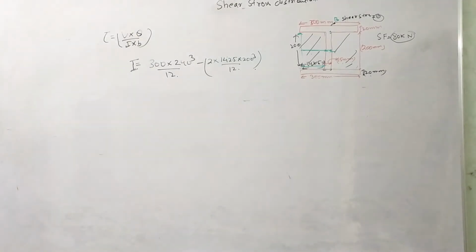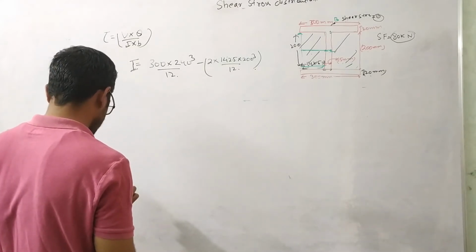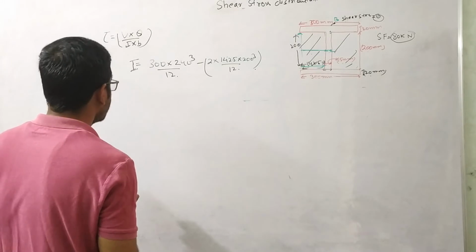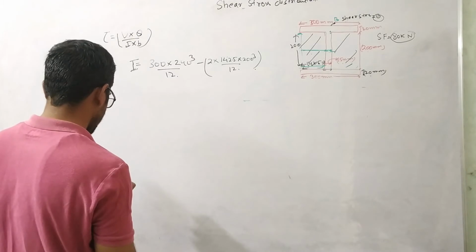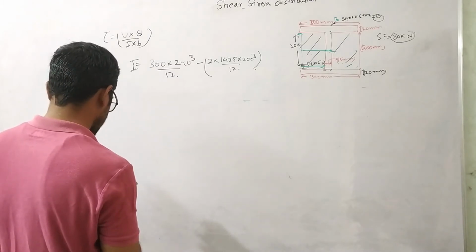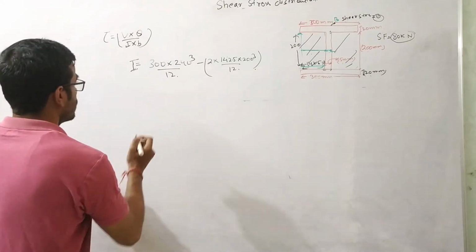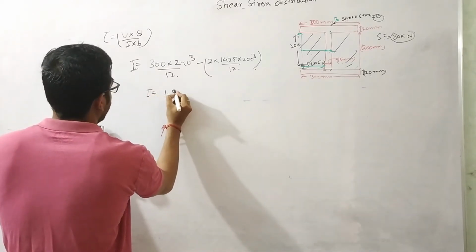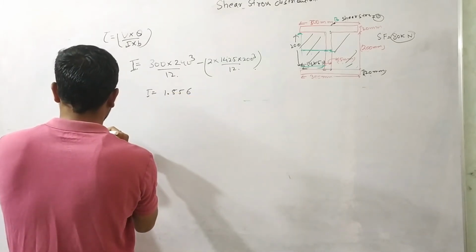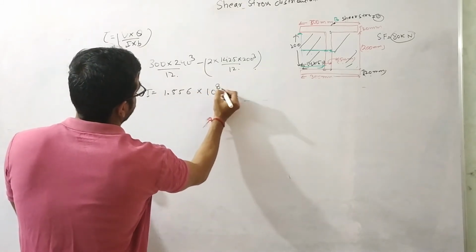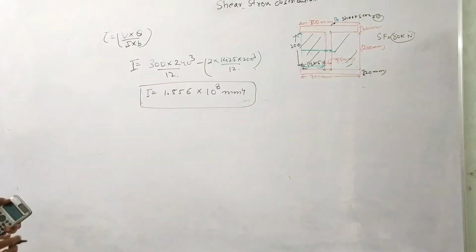The value of I comes out to be 1.556 into 10 to the power 8 mm^4. So this is the value of I.